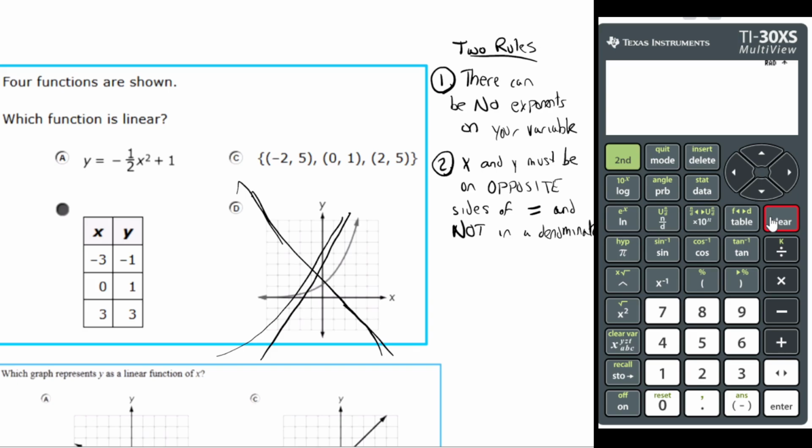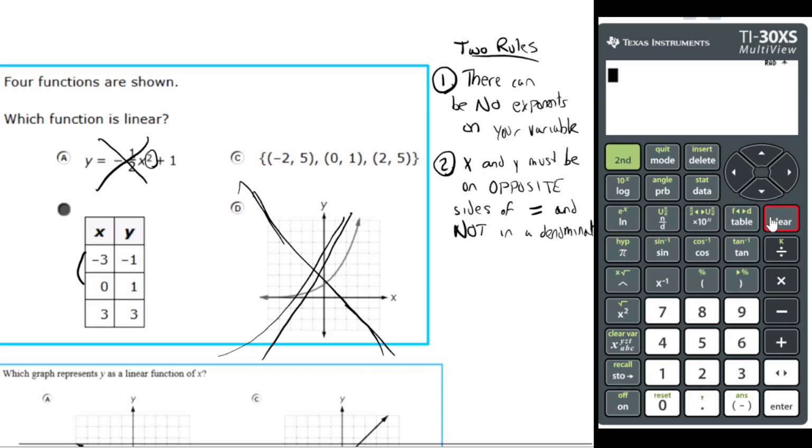Okay? So A, our x has an exponent. So we x it out because that's bad. So now we're looking for the point that has the consistent slope because that's the only other thing we have. So I'm going to check the slope here.